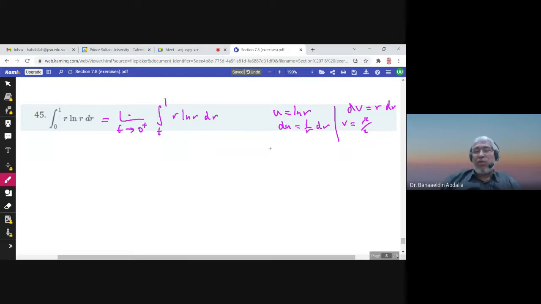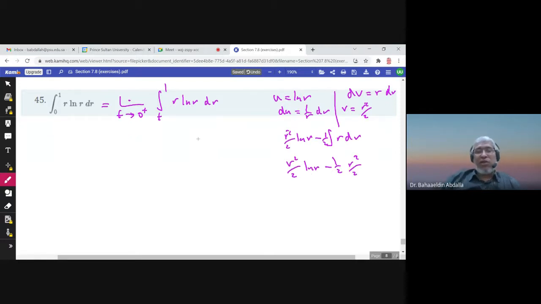So I will have uv minus the integral of v du, which is r squared over 2 ln r minus the integral of r over 2. So the integral would be r squared over 2 ln r minus half of r squared over 2.